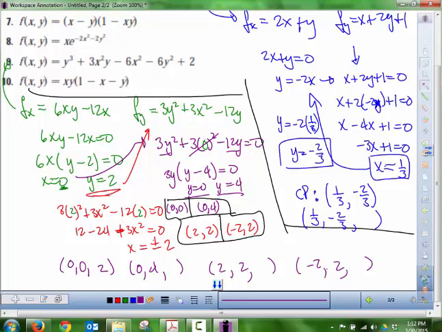And especially if it turns out to be one of those word problems where they're not necessarily asking for the xy point, they're not necessarily just asking for the z value, they're asking for a combination or something else, then you just have to answer the question that they have. All right? So that's finding critical points.